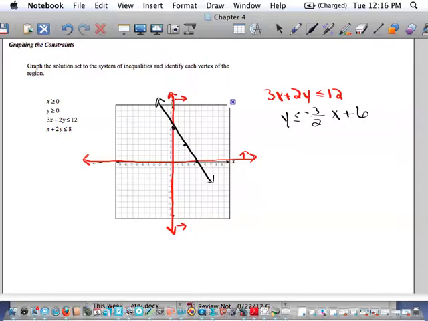If we look at the second equation, x plus 2y is less than or equal to 8. When we solve that for y, we get y is less than or equal to negative x over 2 plus 4. So using the y-intercept, go ahead and sketch in that line.